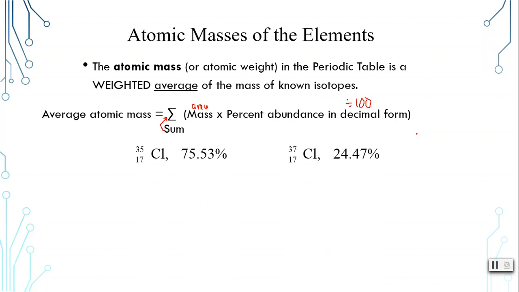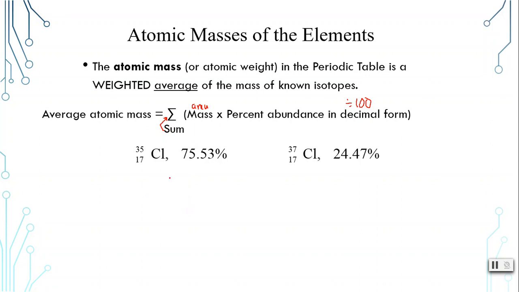Let's say I have 2 isotopes, 2 flavors of chlorine. One has an atomic mass of 35. One has an atomic mass of 37, and I have these 2 percent abundances. If I was to calculate the average atomic mass for chlorine, I need to multiply the corresponding mass and percent abundance in decimal form and add them up.